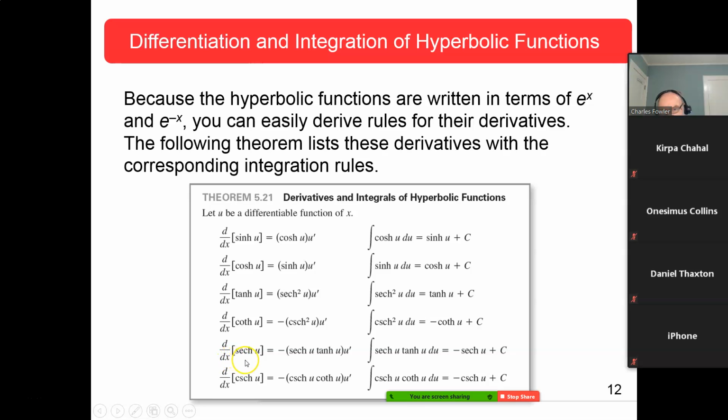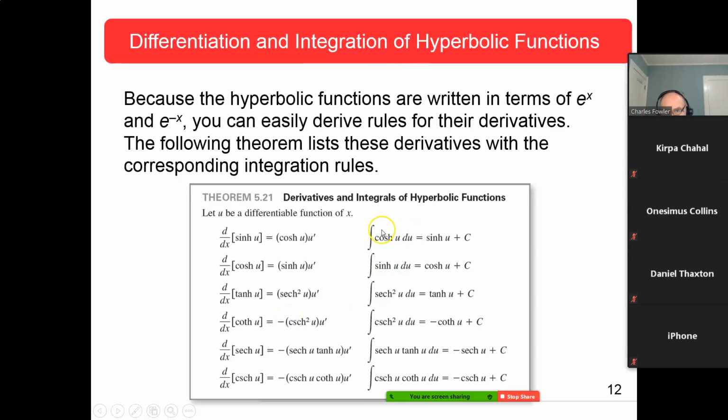Derivative of hyperbolic secant of u would be minus, whereas for trig functions, it's secant x tangent x. Now it's minus secant x, and this is the same. So this is opposite sign, that's the same sign. This is same sign, this is opposite sign. These two happen to come out being the same.